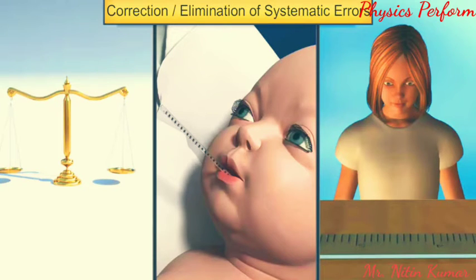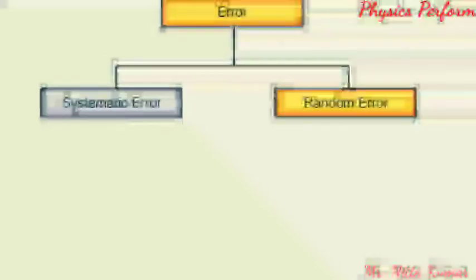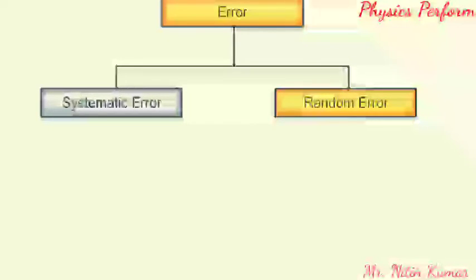Random errors are just what they are called: random. These errors vary in terms of sign and size. That is, they can be either negative or positive, and the quantum of error varies in absolute terms.